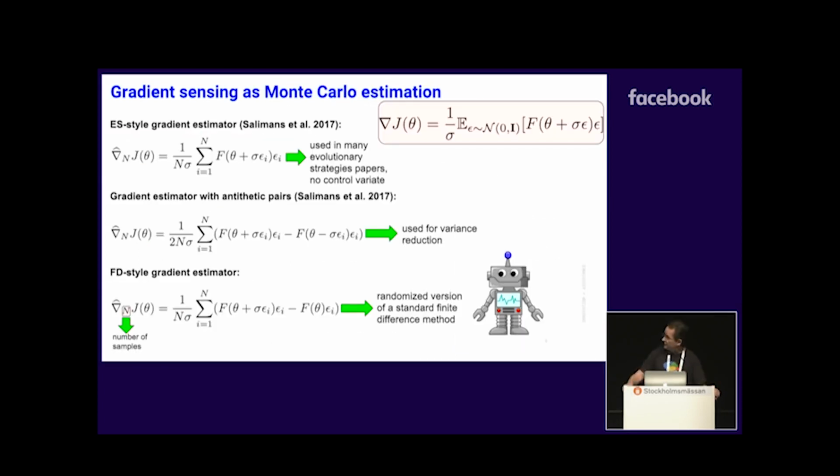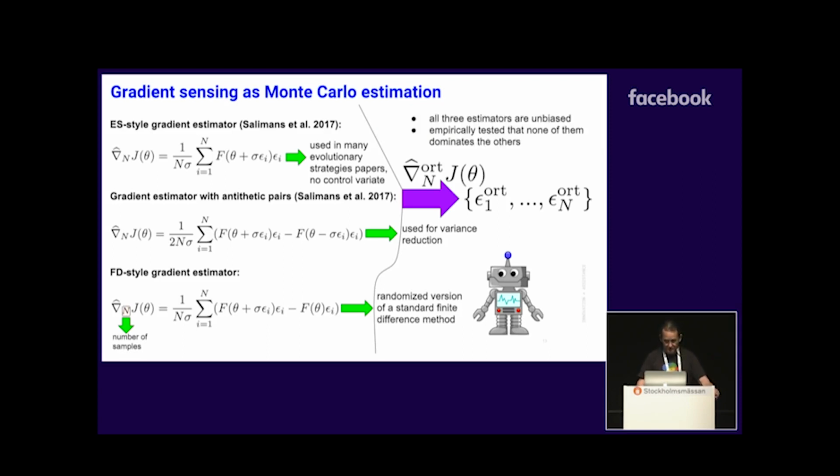The standard way of doing this is a bunch of unbiased Monte Carlo estimators with different control variate terms. What we propose is to use pairwise orthogonal directions instead of Gaussian unstructured ones. And that reduces the variance of the estimator. It's not clear what control variate terms would be optimal in this setting. However, the point is that for all these unbiased estimators, we can use the orthogonality trick, and it improves the quality.